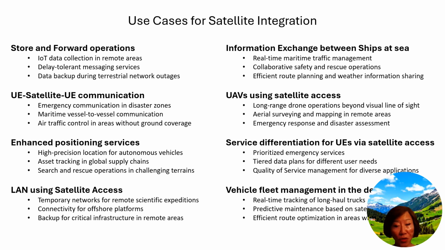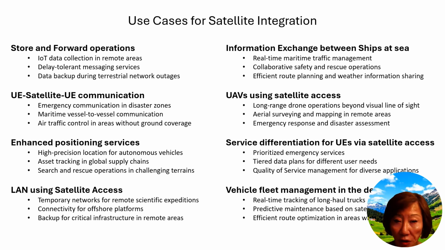Well, I might as well go through the rest of it. There are 4 more. The next one is information exchange between ships at sea, which enhances maritime safety and efficiency. UAVs, unmanned aerial vehicles using satellite access, can operate over vast distances, aiding in emergency response and remote area surveying.